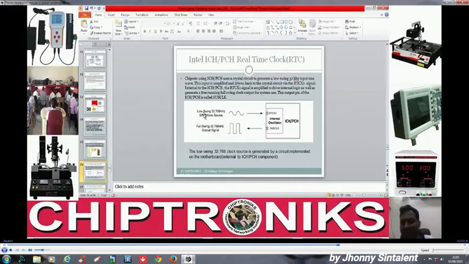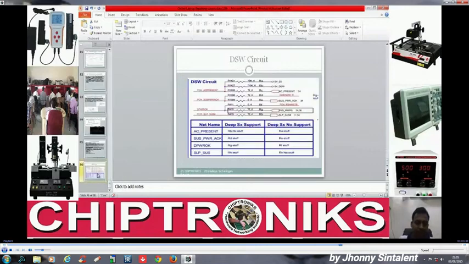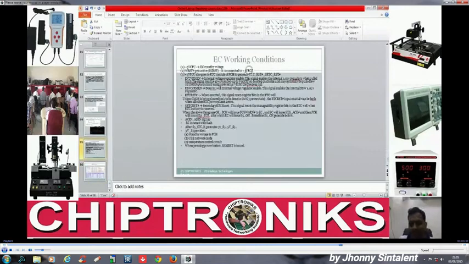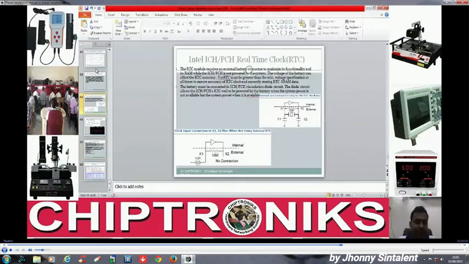Alright, we go to the next slide, and this is very important: the Intel ICH PCH real-time clock. I will go through this RTC section again when I cover the PCH in my next class, and I'll revise it. But I am referring to the RTC module here because of the EC running conditions, the EC turning on conditions we discussed in my last slide, the EC working condition.